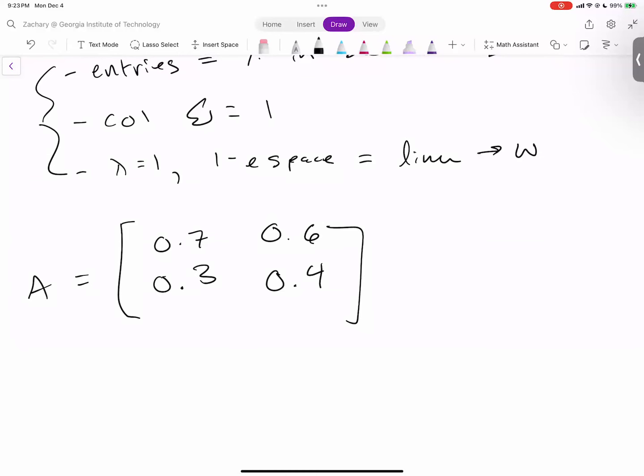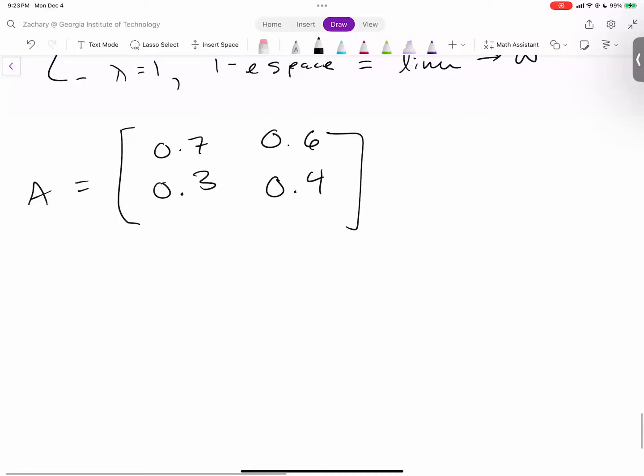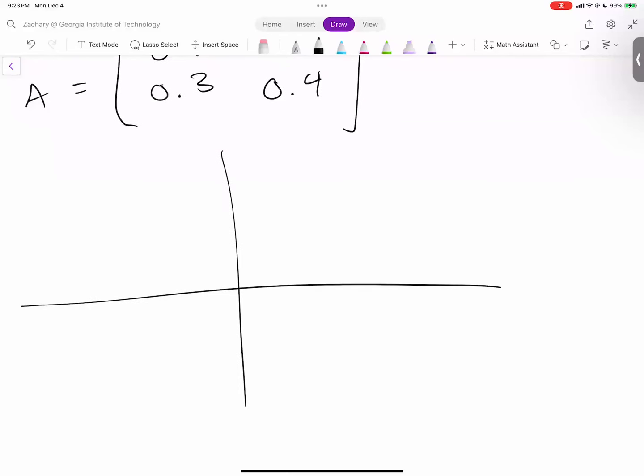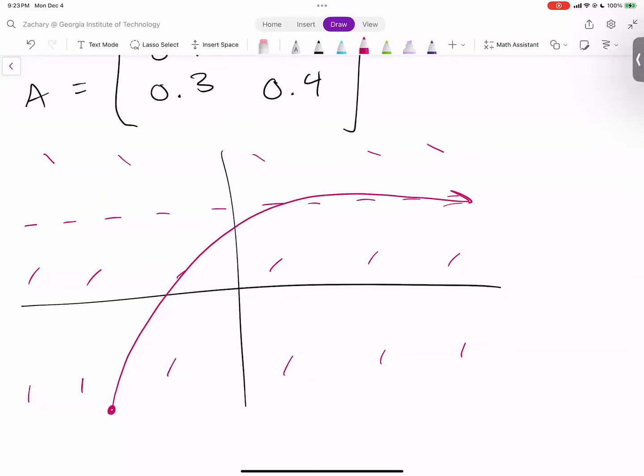What that means is, as we go to infinity, how many of you have taken a calculus class before? Right, most Georgia Tech students. Do you remember these nice little vector maps? I forgot the exact word people use for them, but if we're plotting the derivatives, we'll have something that looks like this. This isn't something you actually have to use; it's just helpful to show. A steady state is this: if we start at any point anywhere on this graph, we're going to follow this and approach that line.